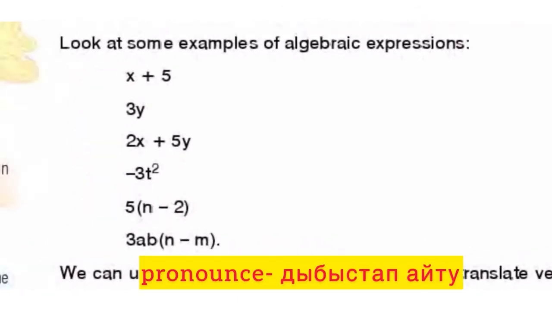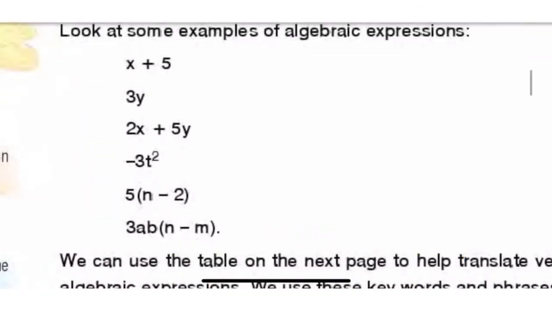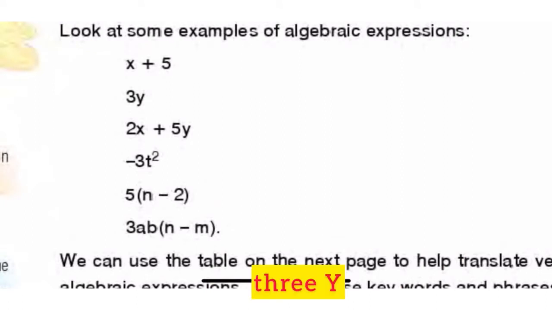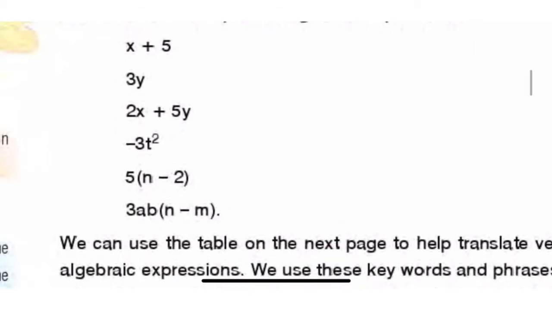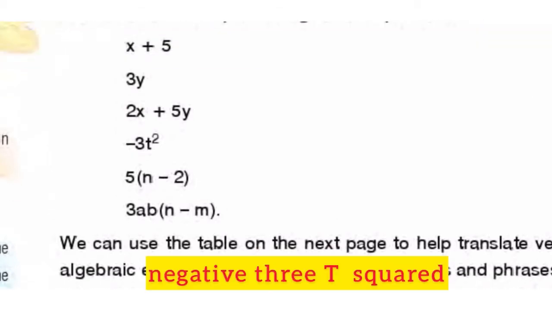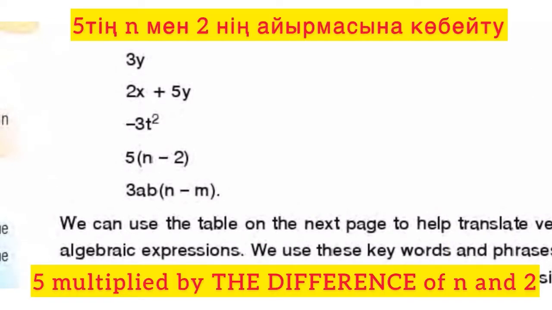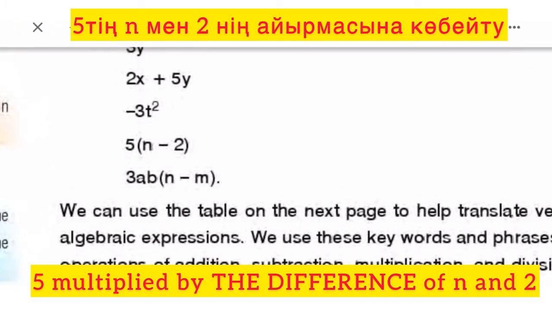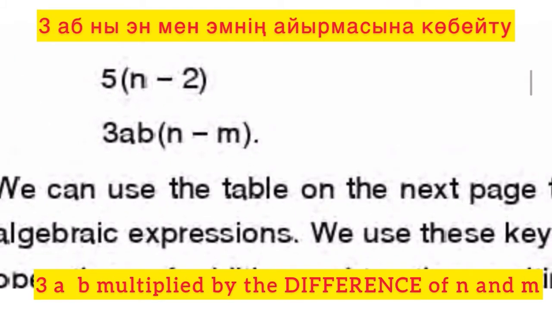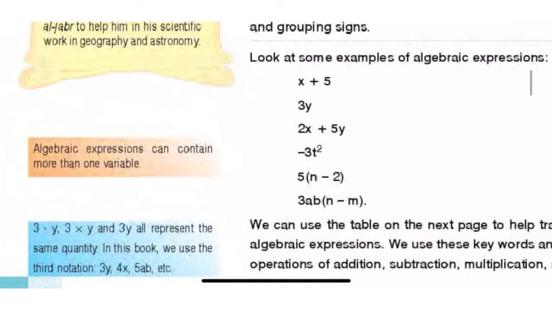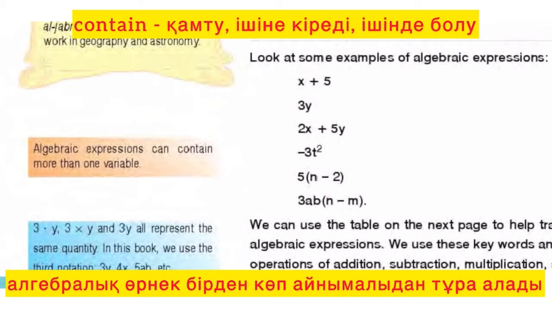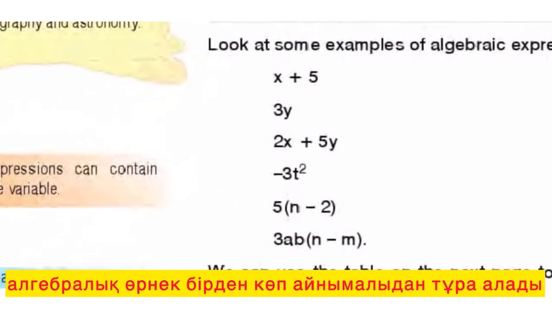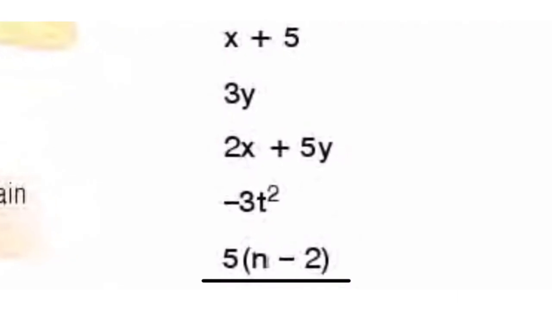Let's pronounce these algebraic expressions. x plus 5, 3y, this is not y, it's 3y, 2x plus 5y, negative 3t squared, 5 multiplied by the difference of n and 2, 3ab multiplied by the difference of n and m. Algebraic expressions can contain more than one variable, like in this third example, 2x plus 5y.